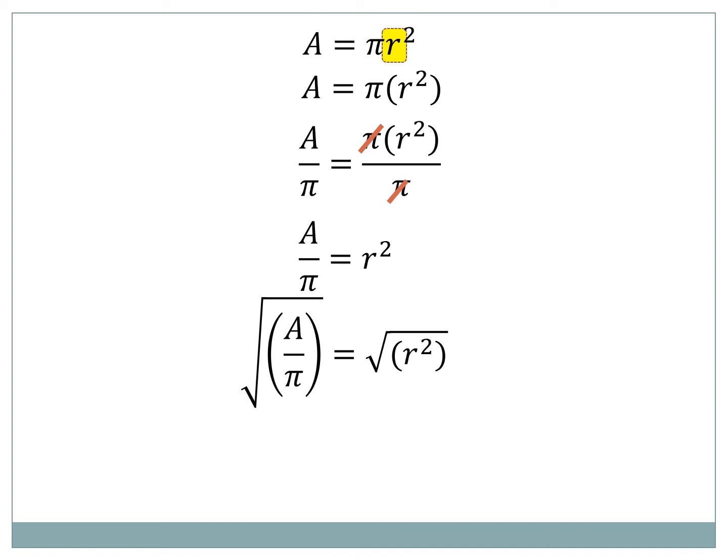I need to square root the calculation of a over pi as a group. So make sure you group that second side. Our result is r is equal to the square root of a divided by pi. So it's very important. Use your grouping in a term like this to make sure that that square root is going to cover the entire second side of the equation.